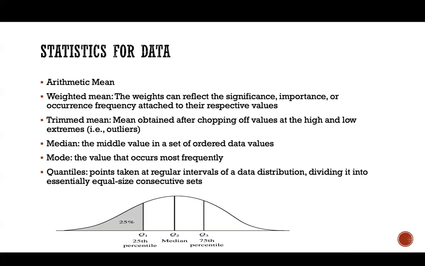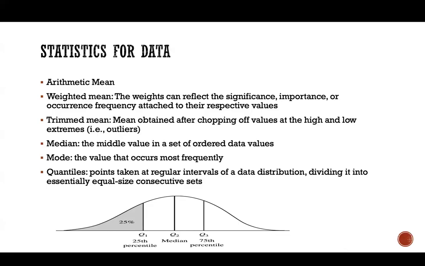Or if we have a numeric variable, like age, and we see a certain age is most frequently observed in that data set, then that becomes the mode value for that data set.